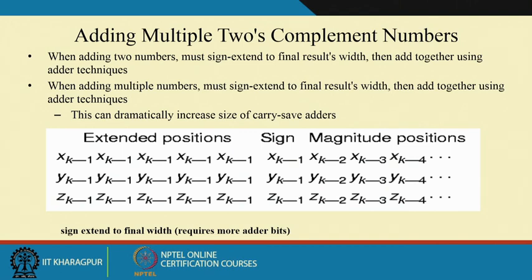But in signed multiplication, as we saw in the Booth multiplier, we have to extend the sign.